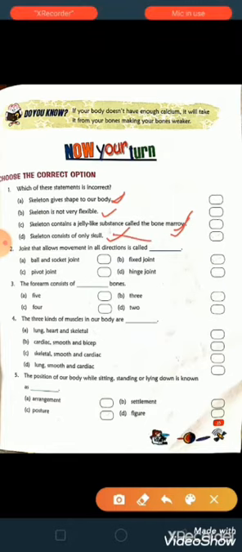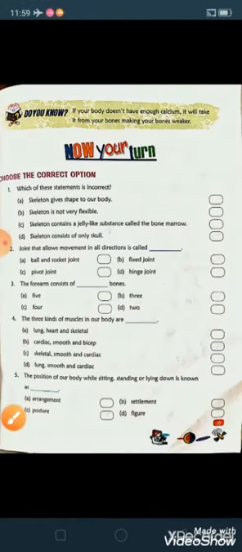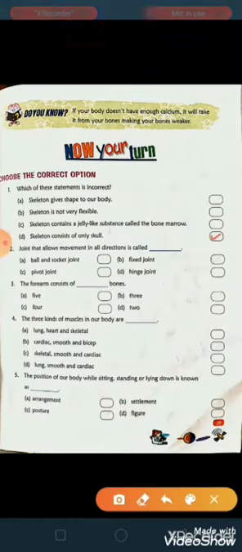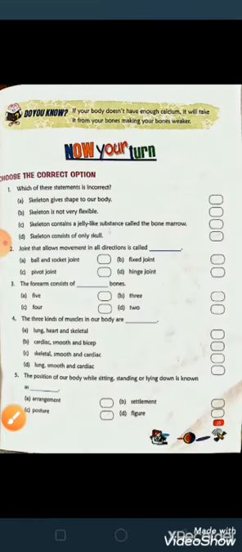It is wrong. That's why this sentence is incorrect, because skeleton not only consists of skull, it consists of other body parts, bone parts also.